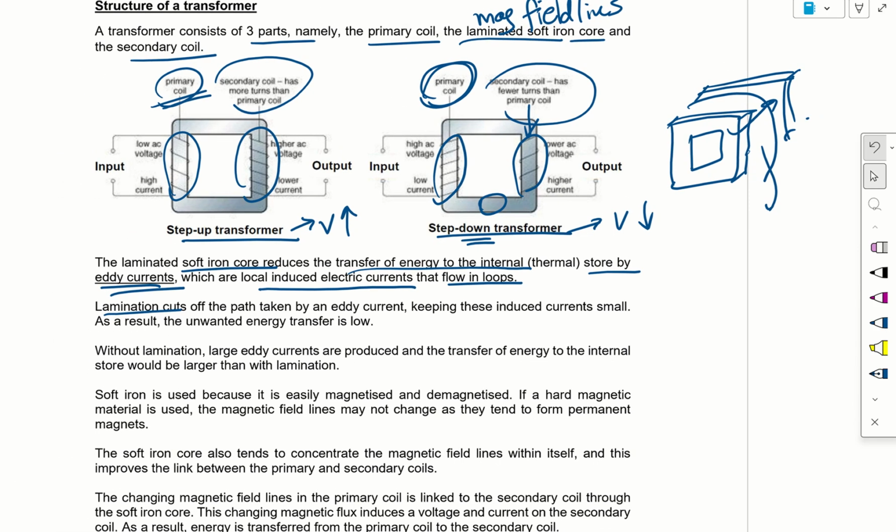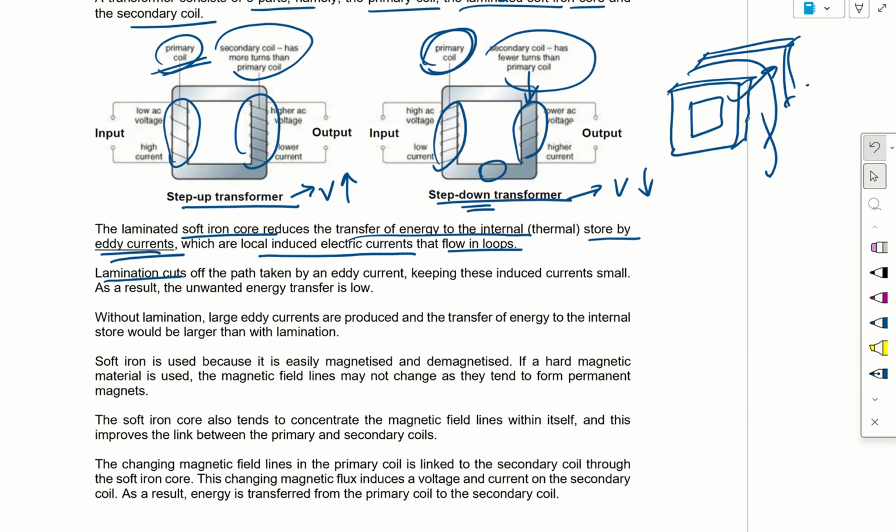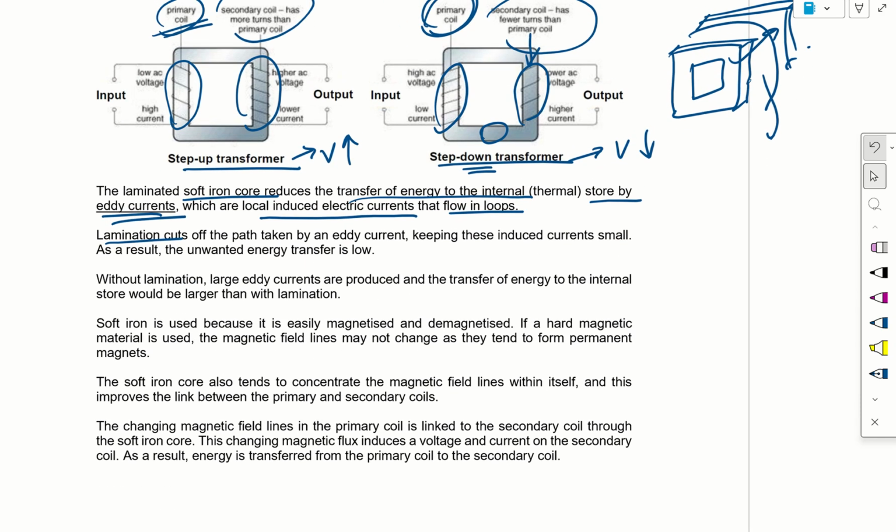So we minimize the transfer of energy to the internal store due to eddy currents by this lamination. This will make the transformer non-ideal. The ideal case is that there is no eddy current.